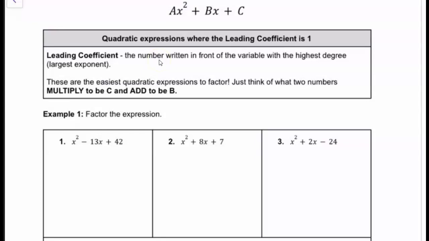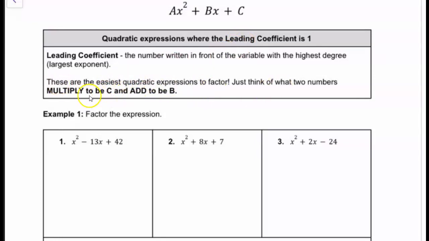If there's no number in front of x because it's an implied 1, then this is our special case where we say its leading coefficient is 1. These are the easiest quadratic expressions to factor.